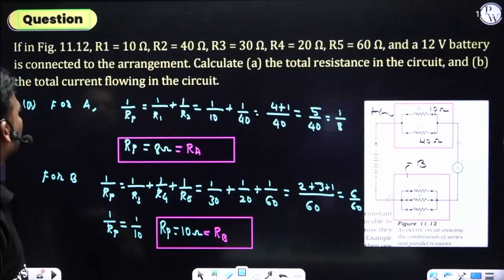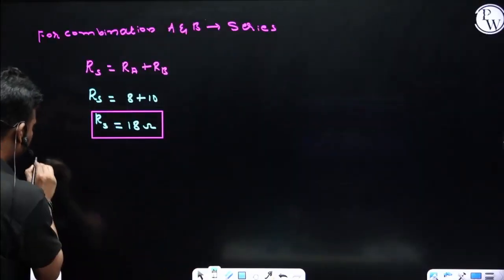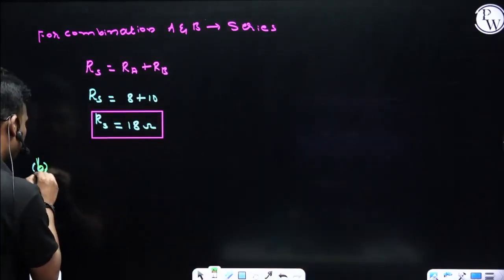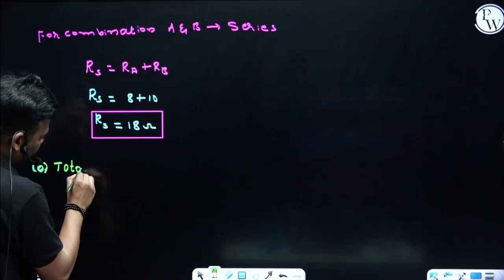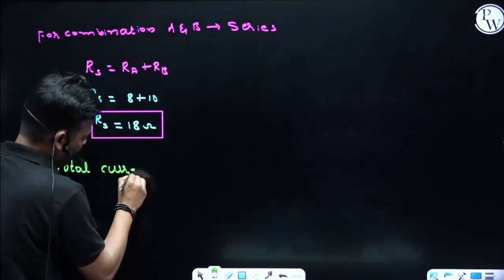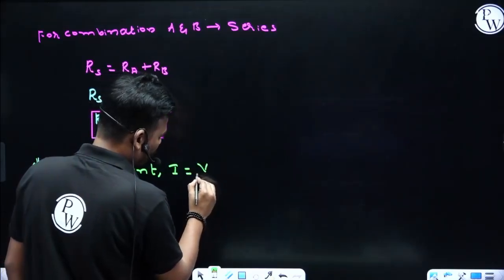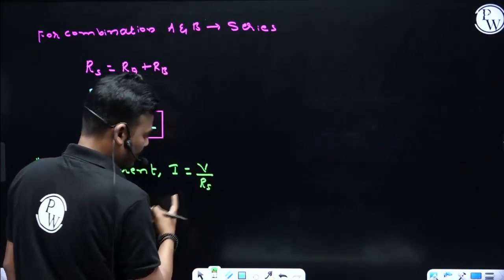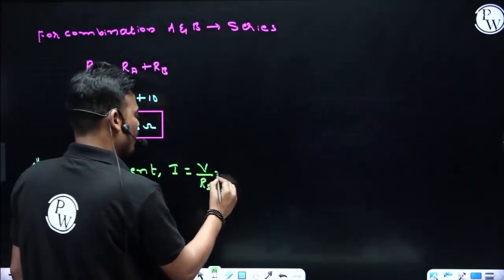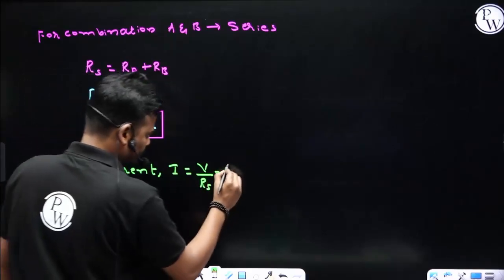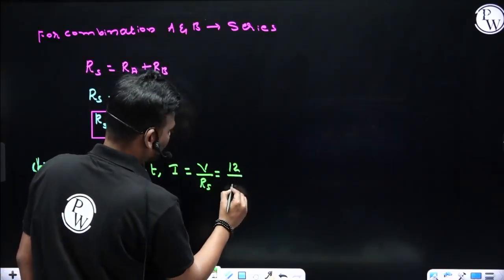Second one, B, the total current flowing in the circuit. So total current equals total voltage divided by total resistance, that is RS. Fine. So now V value, how much is it? V value is 12 volt. Yes, 12 volt divided by 18.